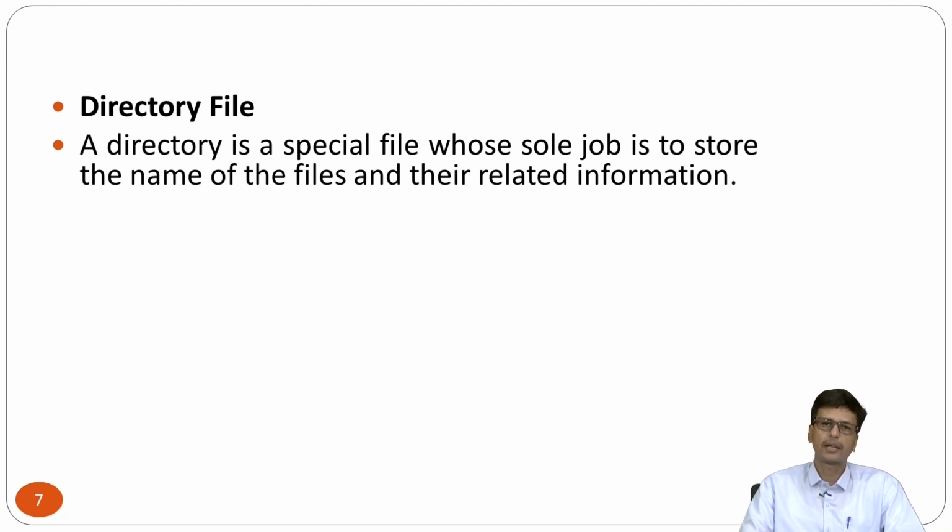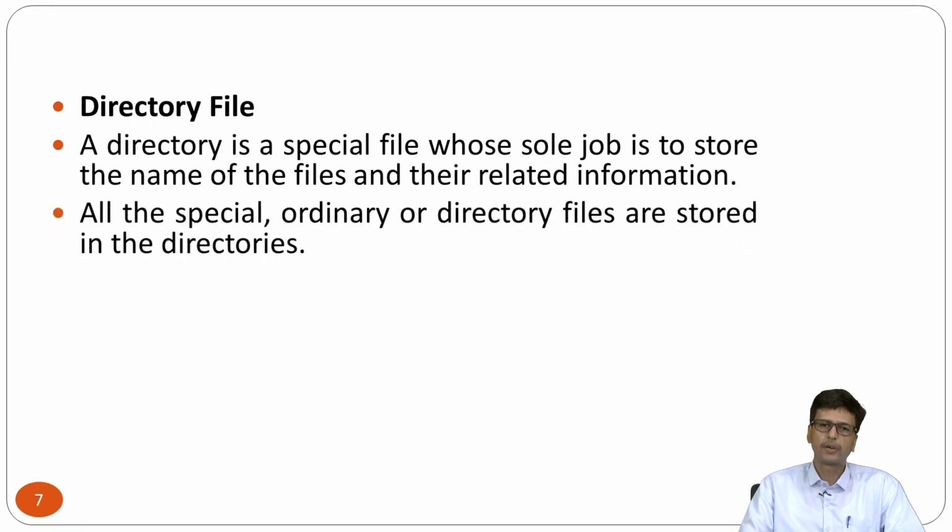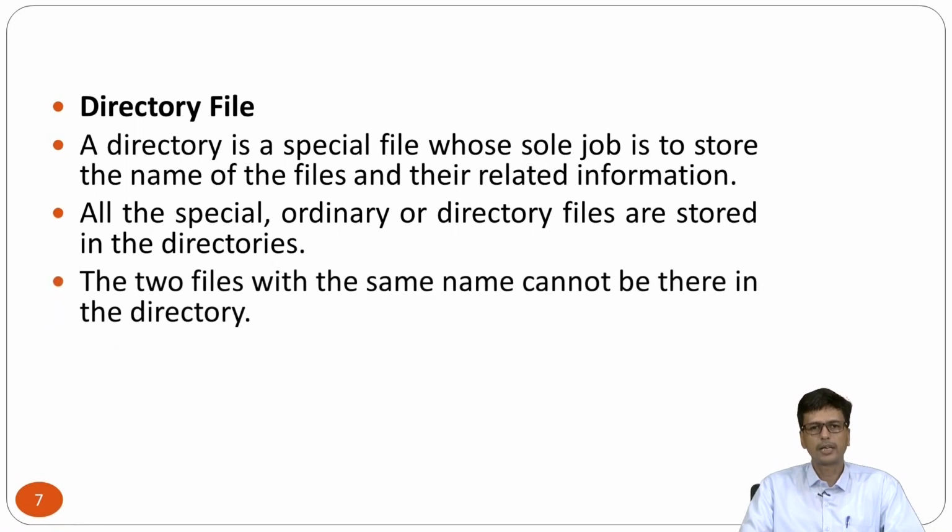A file may be a text file that contains some text data, some binary executable file, or some code. Any file you can create under the directory or under the subdirectory. Whether it is a special file, a directory file, or an ordinary file, all are under the directory system. A directory file also contains subdirectories as well as files.